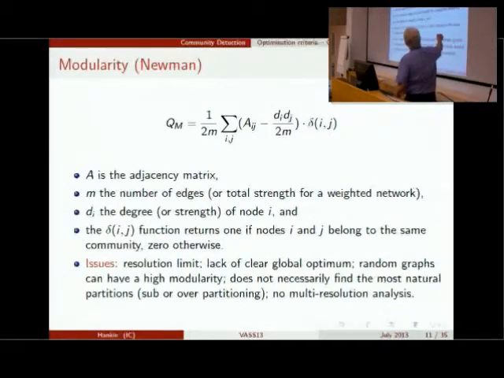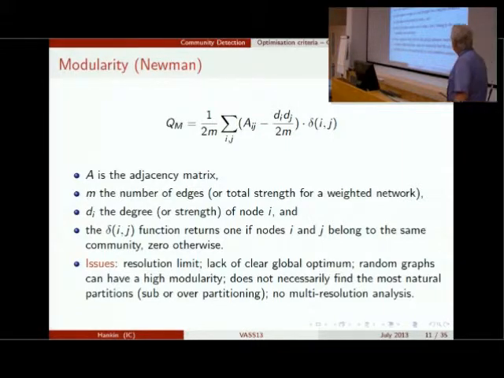And then there's this multiplication factor out here, which is basically 1 if i and j belong to the same community, and 0 if they don't. So this is about measuring the relative proportion of links that exist between i and j when i and j are in the same community versus what you would get if it was a completely random graph. So that's the classic optimization criteria for building communities.